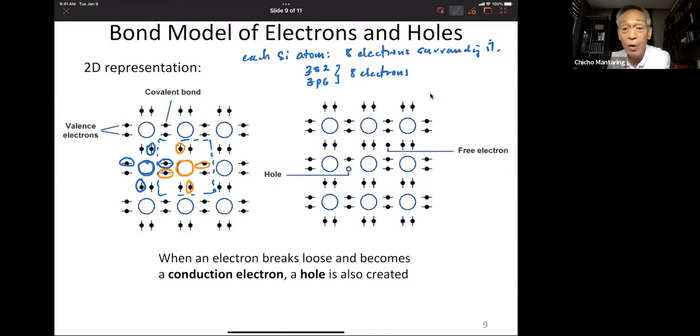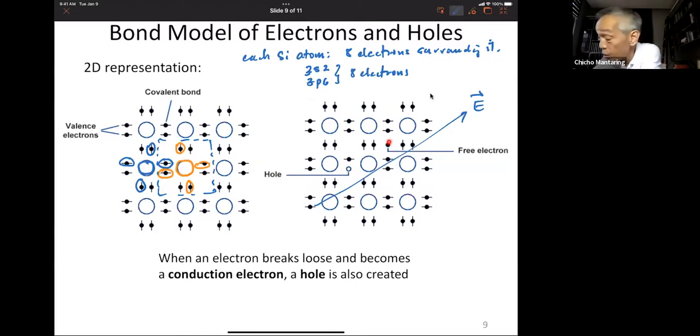Okay. Now, what happens if I apply an electric field? Let's say this is my electric field. What will happen to this electron?